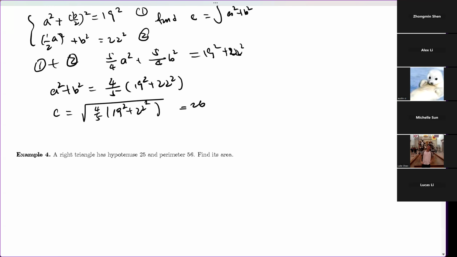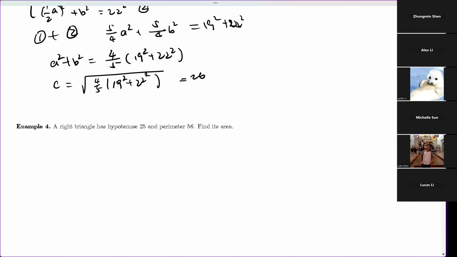All right, so our next problem. Here's another problem, right? We're given very specific numbers, 25 and 56, and we want to find the area. How to find it? You draw the triangle first. This is A, that's B, and C. C is 25. So the perimeter A plus B plus 25 is equal to 56.